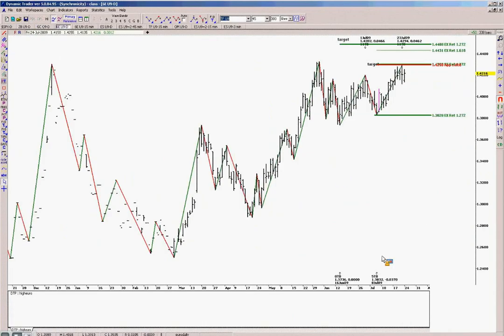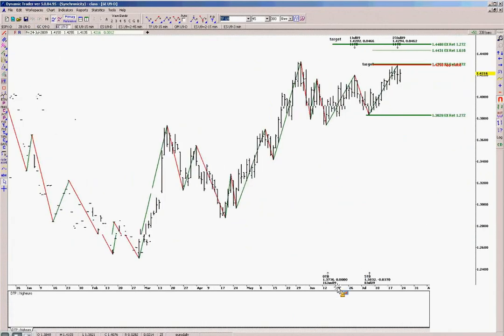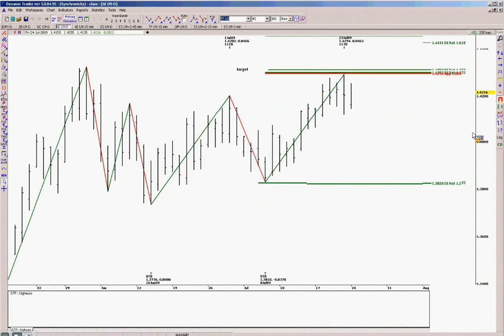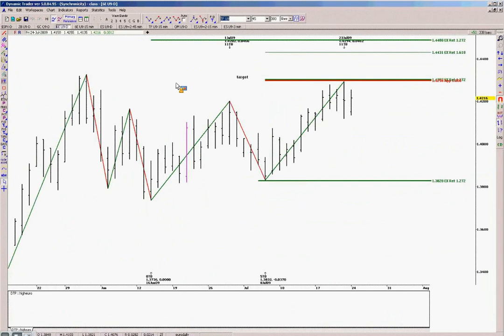The euro. This is fun. I really like when this sets up. In the euro, I noticed that we're getting into some daily resistance that came from projecting this prior low to high swing and projected from the new low.